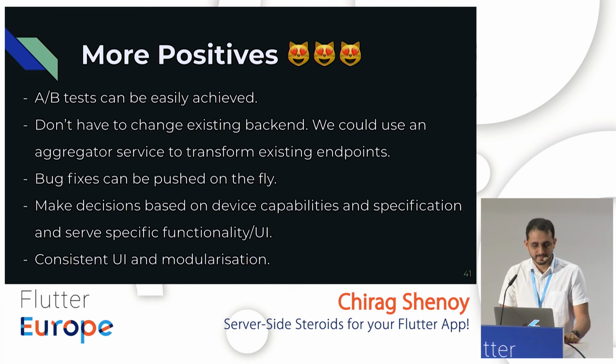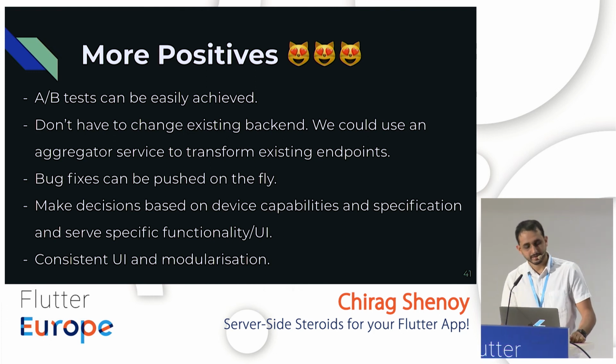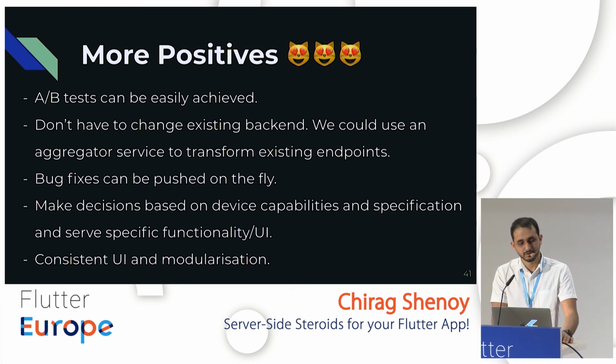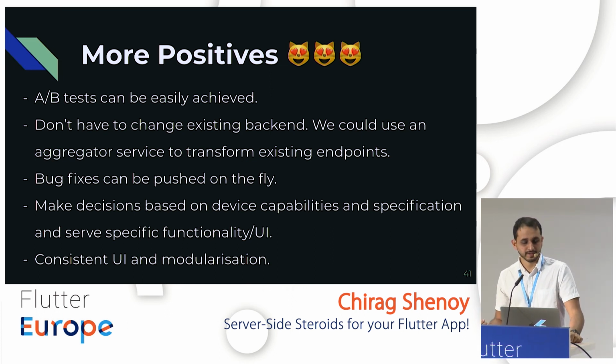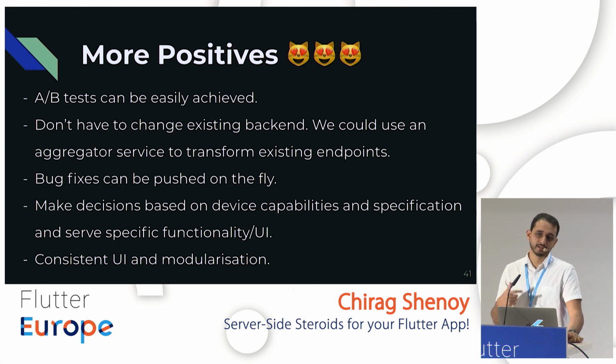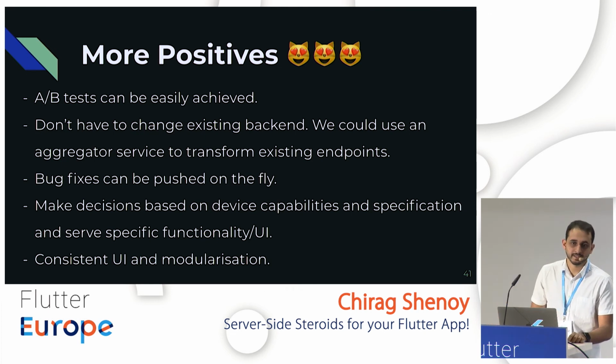And of course, bug fixes can be pushed on the fly. The next one is again very interesting. It can make decisions based on the device capabilities and specification and serve specific functionality or UI. Think of a situation where a user is in a very remote place and does not have access to very fast internet.